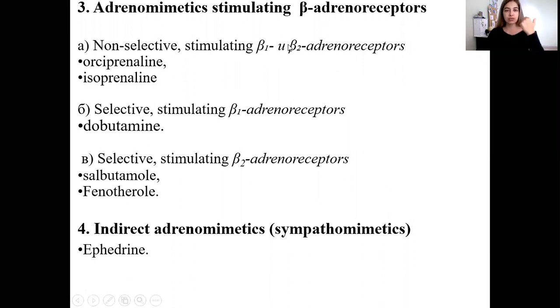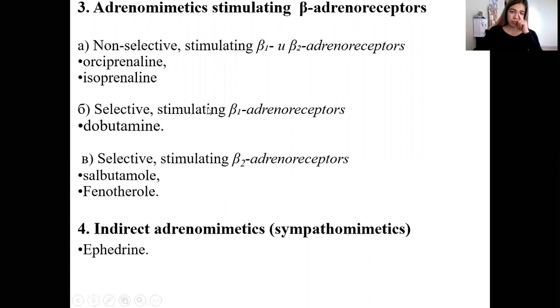Also, we have selective adrenomimetics, which affect beta receptors. And beta adrenomimetics can be classified as non-selective and selective. Non-selective, they stimulate all types of beta receptors, beta 1 and beta 2 receptors. They are orciprenaline and isoprenaline. But also we have drugs which stimulate only one type of receptor, beta 1 or beta 2.